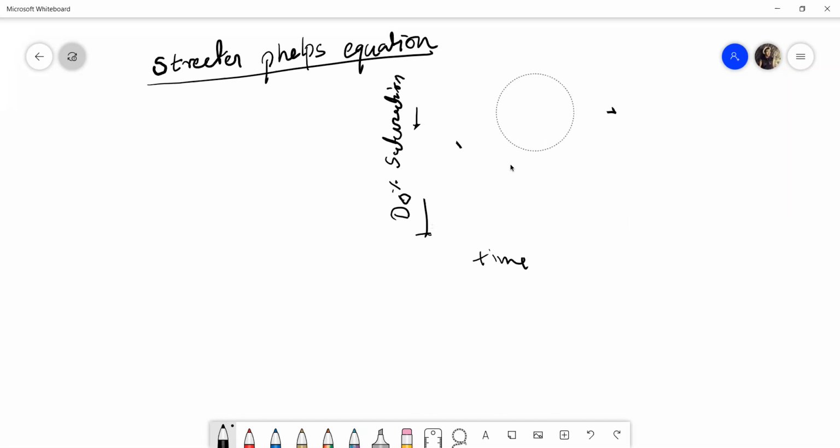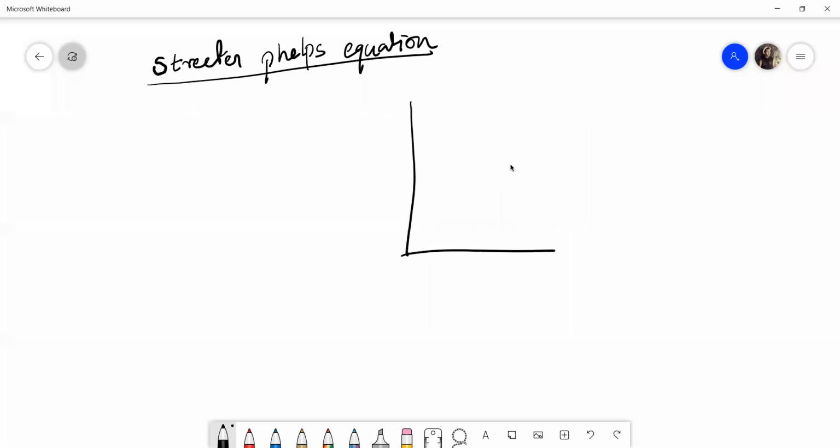Just a second, I'll draw it a little bit neatly. So one will be the deoxygenation, another will be the reoxygenation. Two things are taking place. That is reoxygenation R and deoxygenation.